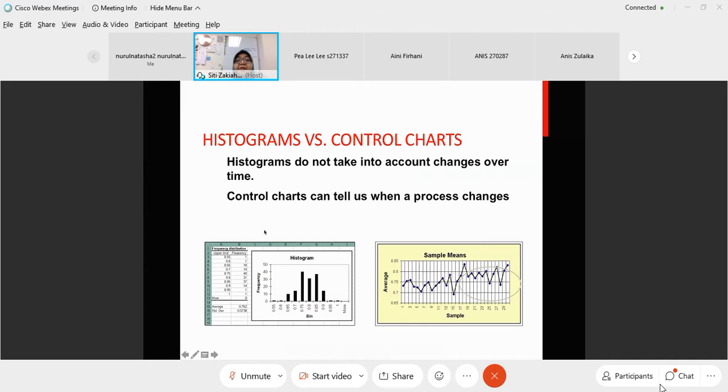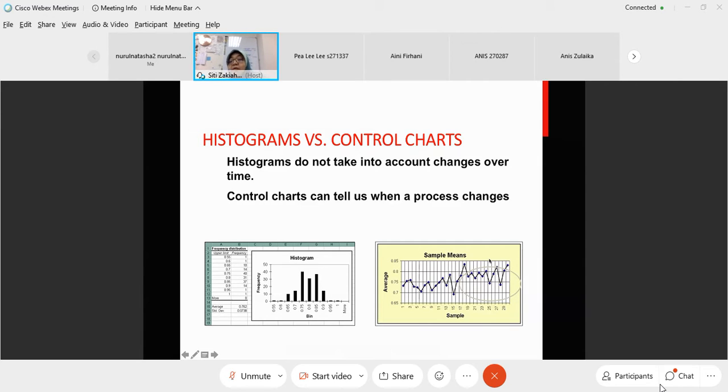Kita tengok ya. Remember, one of the quality tools tu is histogram, right? This is what we're going to do, the control charts. Histogram ni, dia tunjuk ni error, tapi dia tak tunjuk bila, when it happens, at what point it happens. Kalau kita guna control charts, then we can see, start from sample 15 ni, dia dah start dah and going differently.